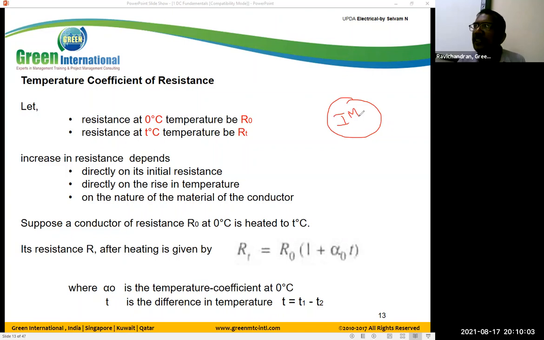So indirectly, instead of an induction motor, I can say it is a conductor. In the laboratory, in our room, I measure the resistance value using the meter. The value is, for understanding, 10 ohm.